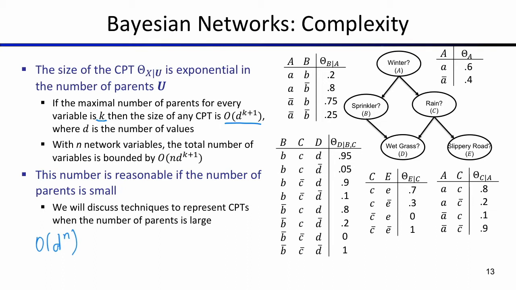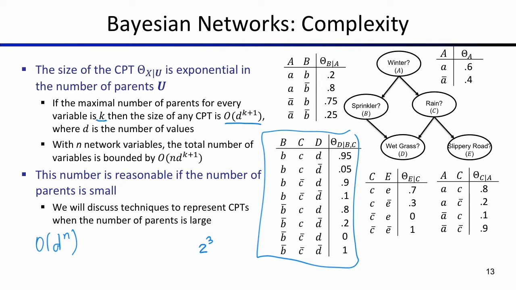It's k plus 1 because we have the k parents plus the variable in the node. So we have to account for this variable too. So in this case, for instance, we have this CPT here with two parents, right? But we have to account also for the variable d. So in total, we have 2 elevated to the power of 3.